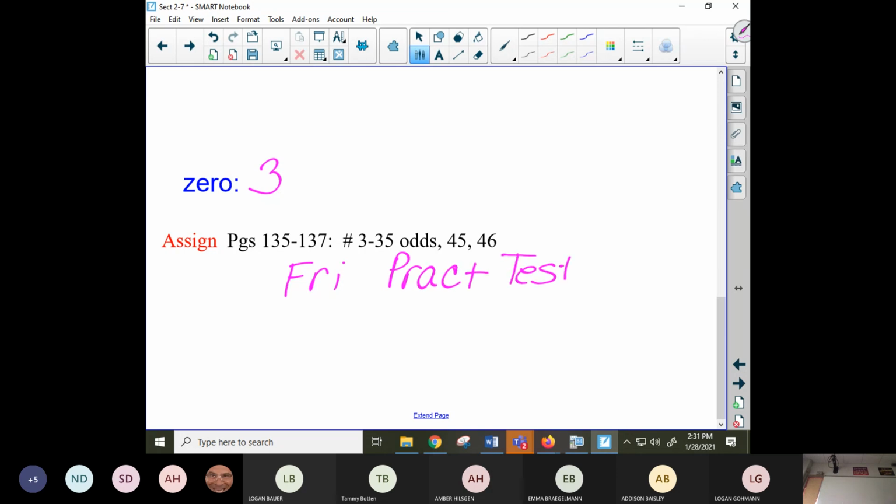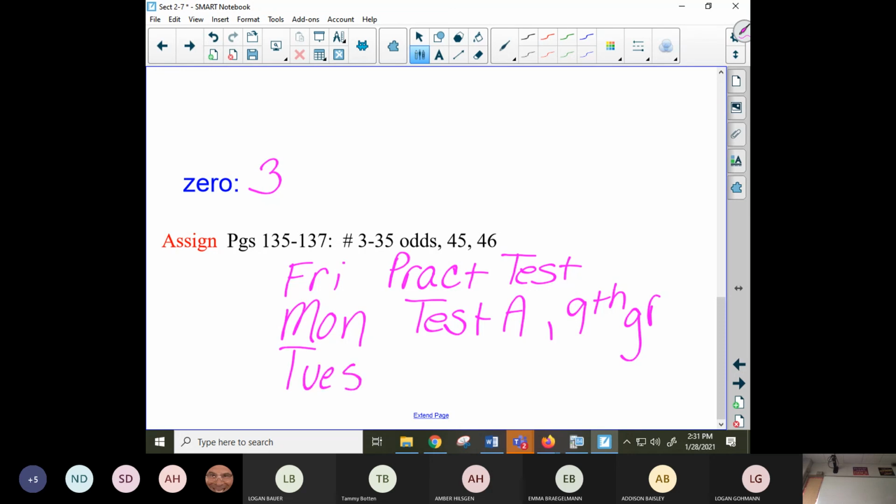And then Monday is test for Group A and all 9th graders. Tuesday is test for Group B. 9th graders on Tuesday will have a study hall kind of thing. Okay? All right? So, questions on anything? Don't worry about class tomorrow. Just make sure you do the practice test.